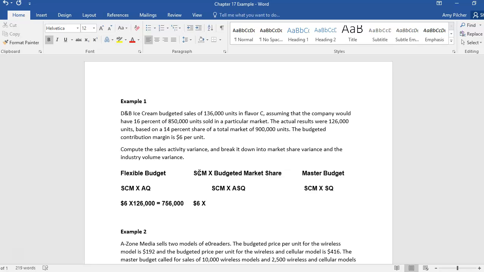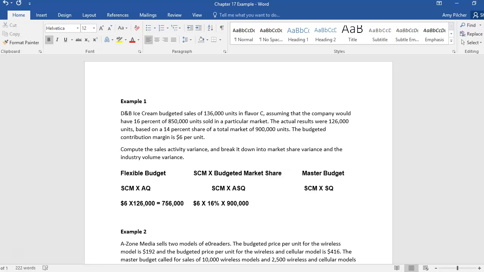Okay, so our standard contribution margin then, $6 times our 16% market share times 900,000. Remember, that's the number of units in the market. So the total market is 900,000.